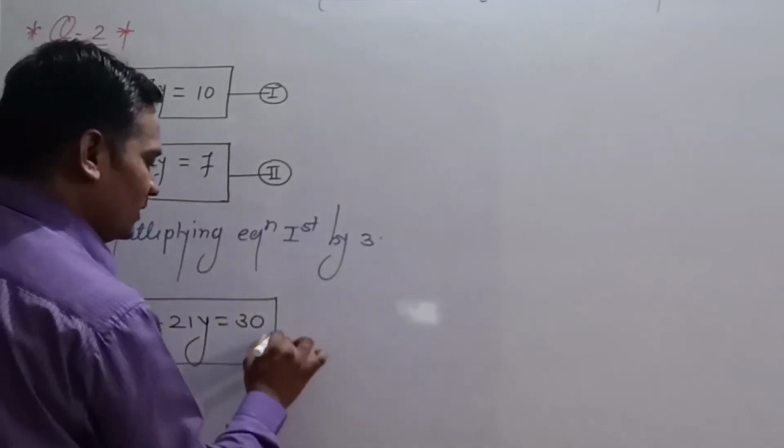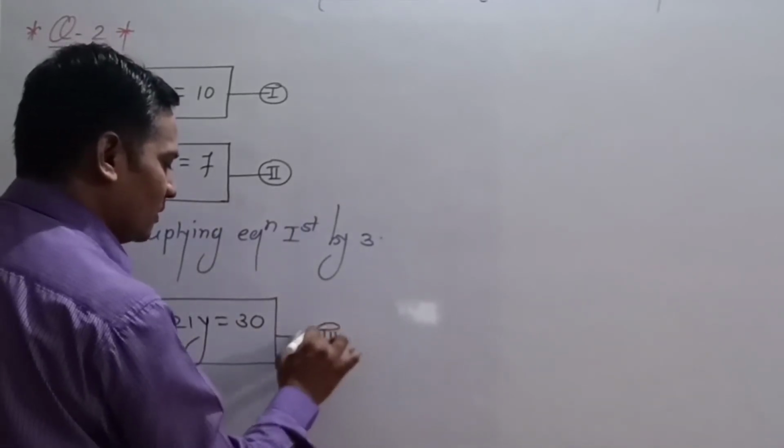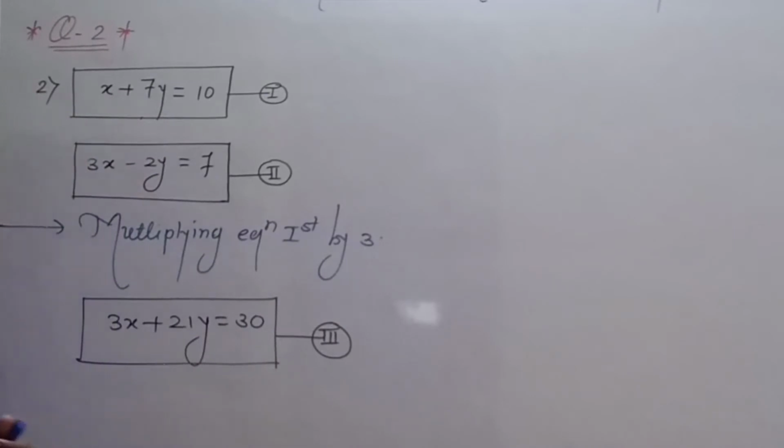Okay, now look at the equation number second and third. In both cases, the coefficient of the first variable, that is x, is the same: 3x, 3x, that means the coefficient is 3. Now we have to find out whether the sign of both variables is the same or different.